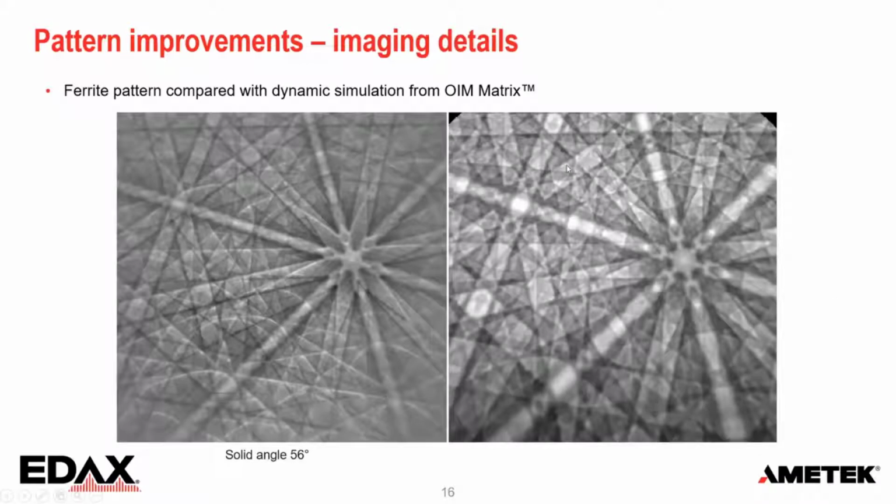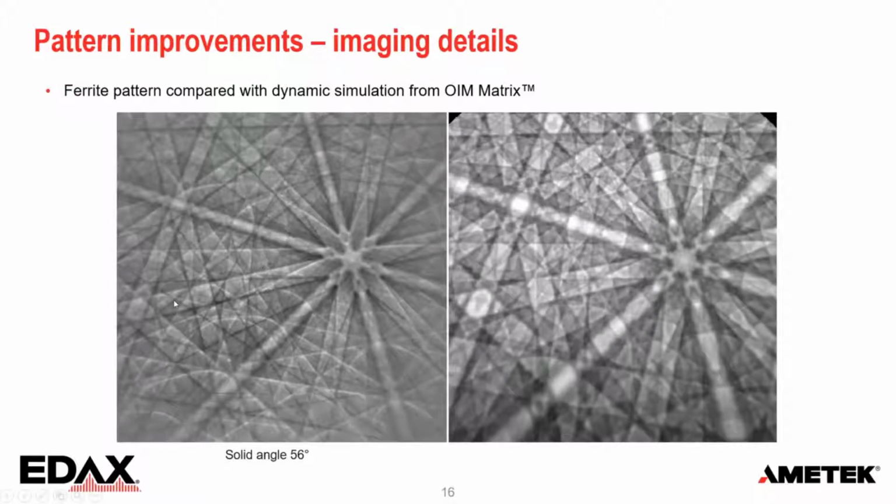You can also compare that with a dynamic simulation. And in this example, the simulation actually looks a little bit more blurry than the experimental pattern. Now, that in this case is caused by the fact that we are using more electrons, a larger range of energies in the simulation, which cause the band's width to vary a little bit with electron energy.